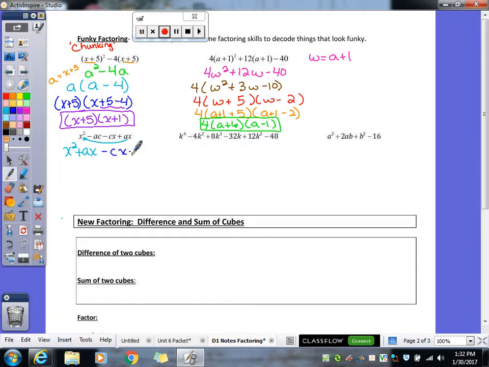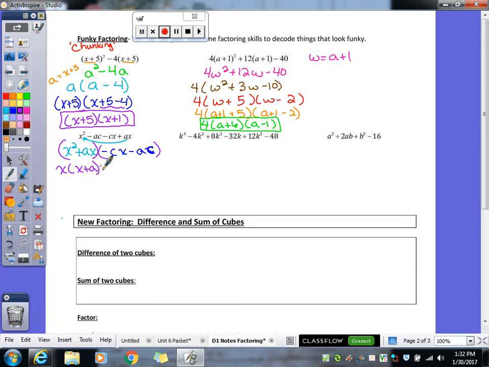And then I'm going to put my minus CX minus AC, because then those would have a common term of C that I could take out. So now we can do our grouping. Our GCF here we said was x. So I would be left with x plus A. Our GCF in the second one would be what?